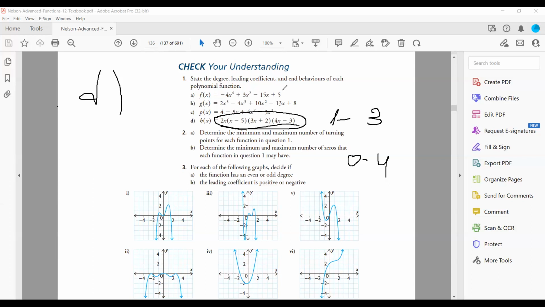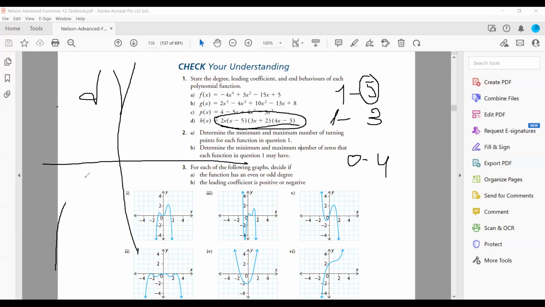If we would have an odd degree function, for that function, number of zeros would be from 1 to 5, let's say, because 5 is an odd number. At least 1, because odd degree functions, they start, for example, in negative infinity and go to positive infinity. It means that they're going to cross the x-axis at least once.